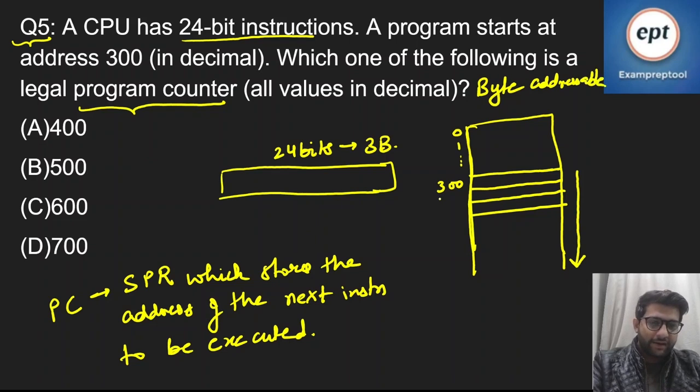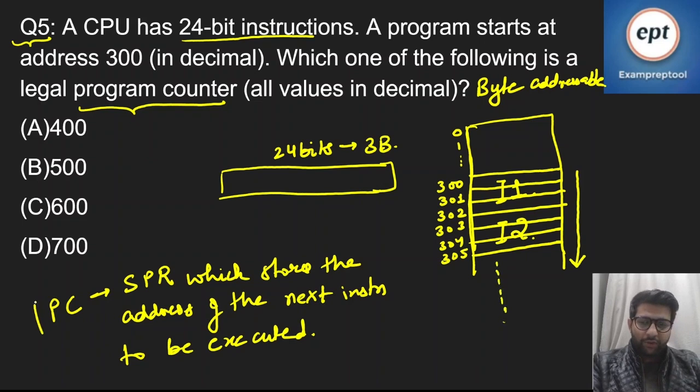So this means that this instruction will be stored at the address 300, 301 and 302. So this will be instruction number 1, right? And after that on addresses 303, 304 and 305, the instruction I2 will be stored. So and so on, right?